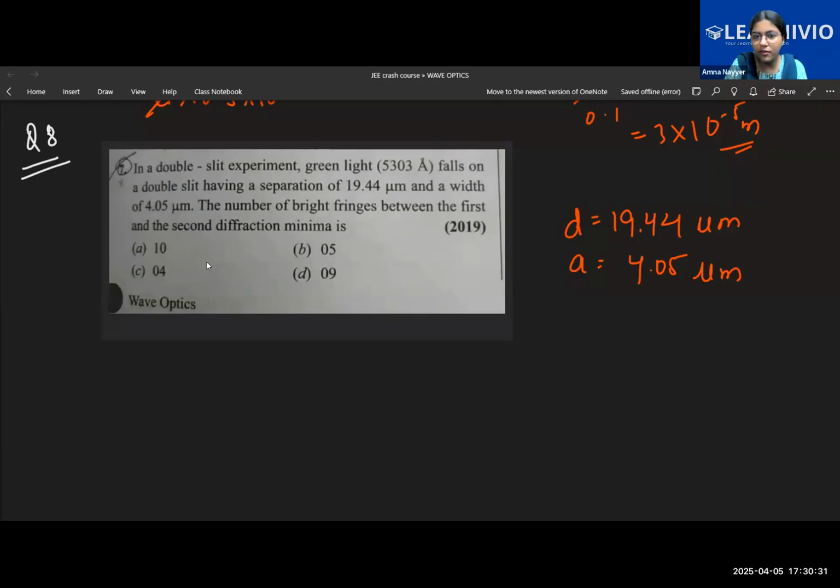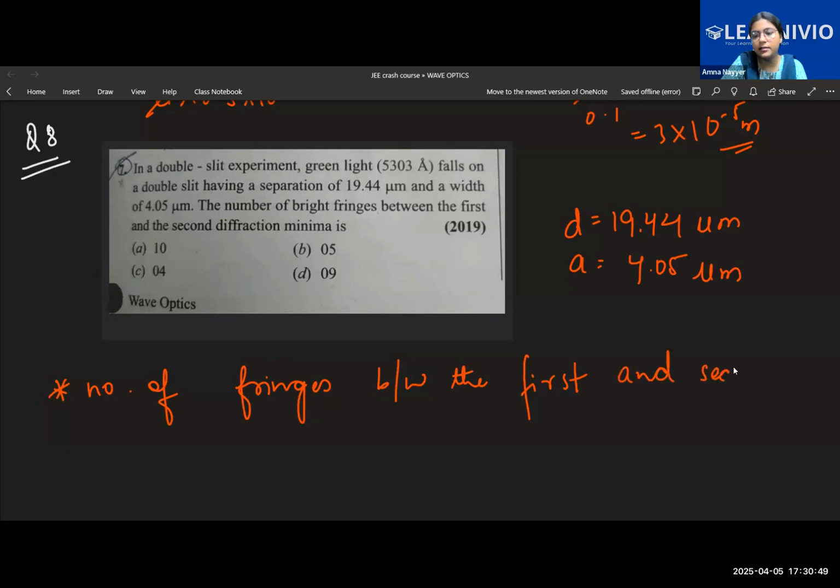See, there's a formula for it. Number of fringes between the first and second diffraction minima. Let's say this is some n.